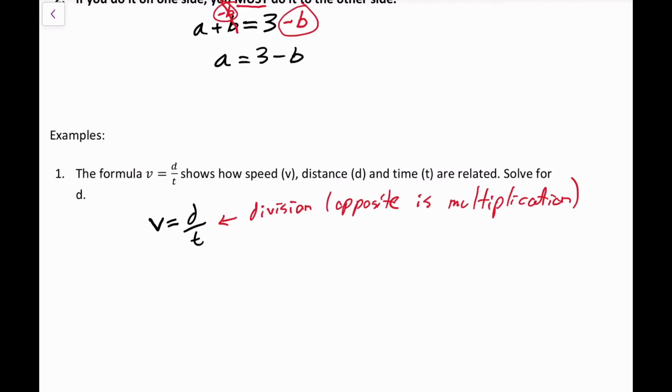The opposite of division is multiplication, so we're going to multiply by t, and of course we have to do that on both sides. That's our second rule. The t's on the right are going to cancel out, and we're left with v times t is equal to d. So that's a nice simple one, where we did the same thing on both sides to isolate d.